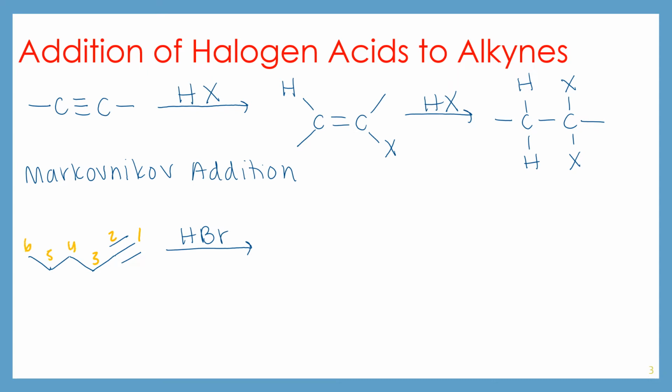So we have 6 carbons total. And I'm going to go ahead and draw my alkene without indicating any sort of cis and trans, because it's on the end of the chain, so there is no cis or trans anyway.